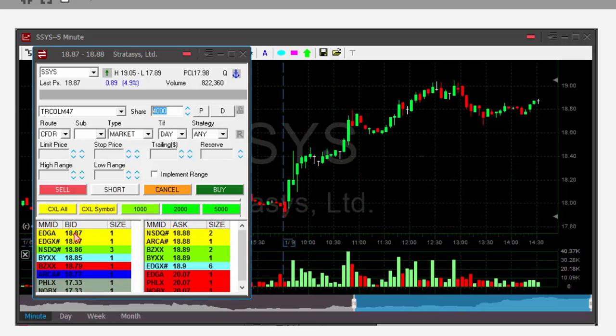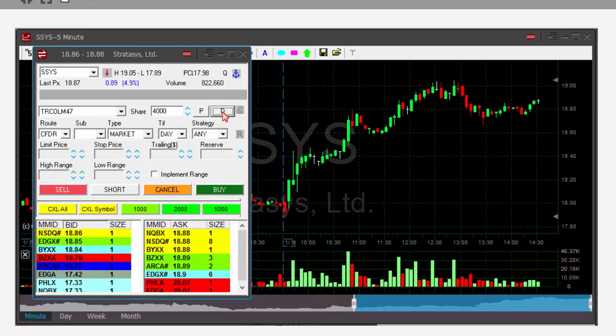If I move to limit and 2,000 shares, for example, then I could return to my default by clicking the D button. So did you, by the way, go through this button yesterday with Danny? Or is this something new that we're learning right now? Did you go over this? For you, it's new? Okay.